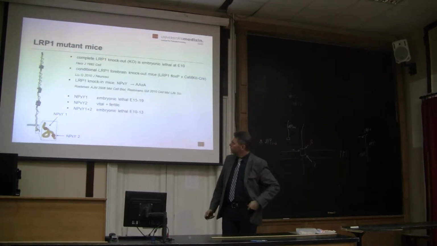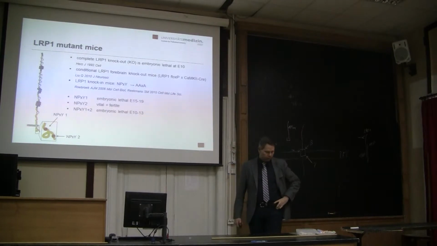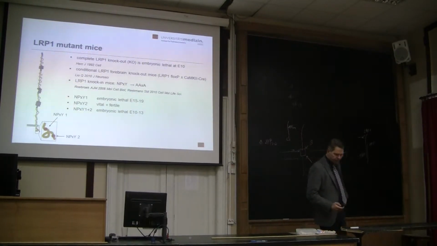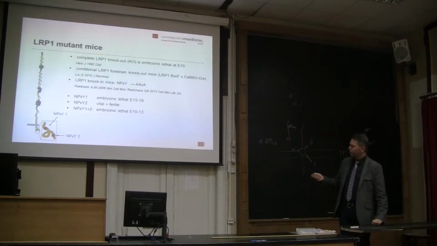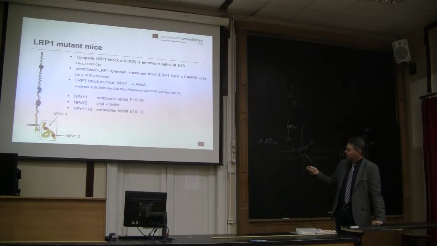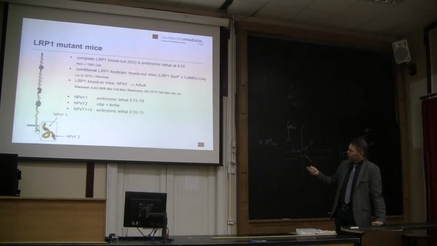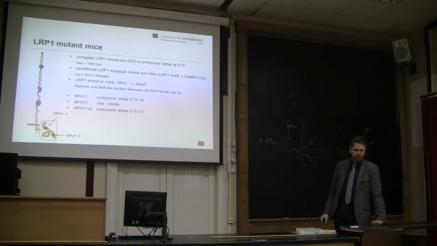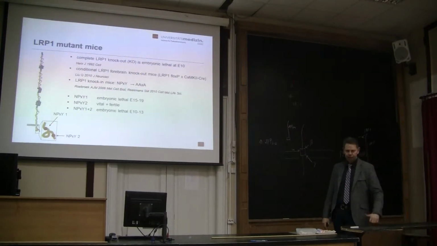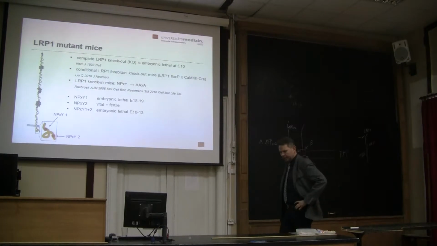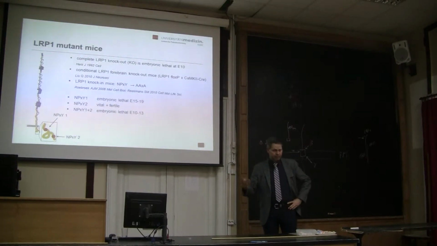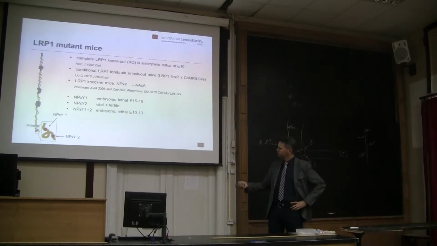To give you a short background about LRP, as I mentioned a little bit already: in 1992, there was this complete knockout of LRP generated, and we have a very early lethality. So that is a problem. You can generate embryonic cells, fibroblasts from these animals, but really nothing else.